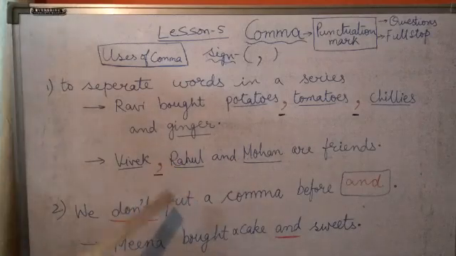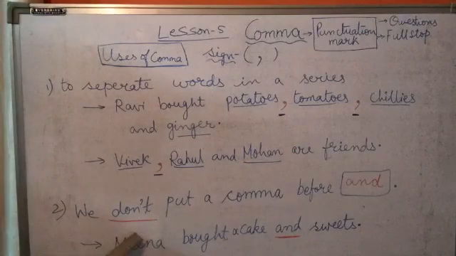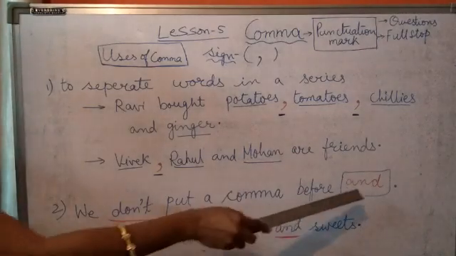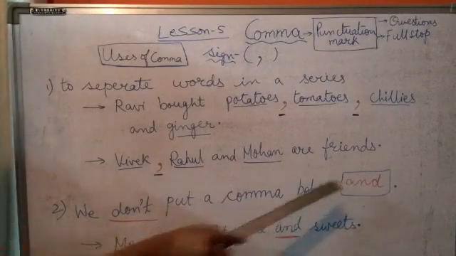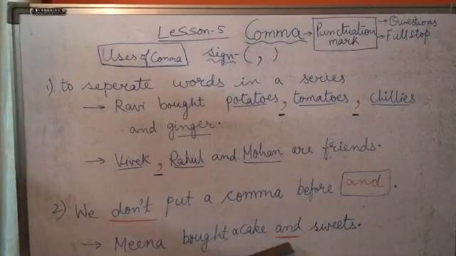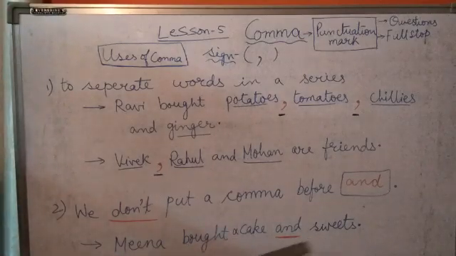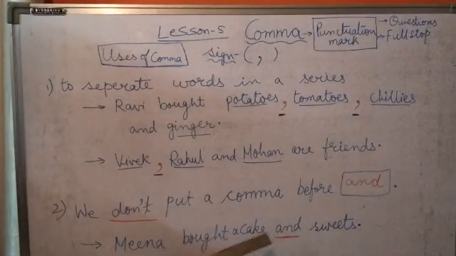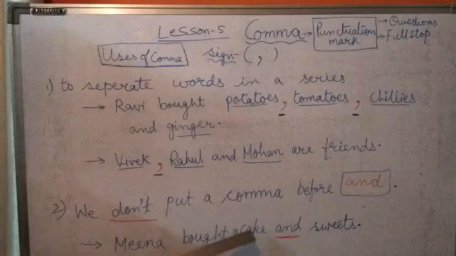Now, the most important point is number 2. We don't put a comma before the word and. For example, Meena bought a cake and sweets. Though these are two items and in the middle it is written and, so we will not put comma.